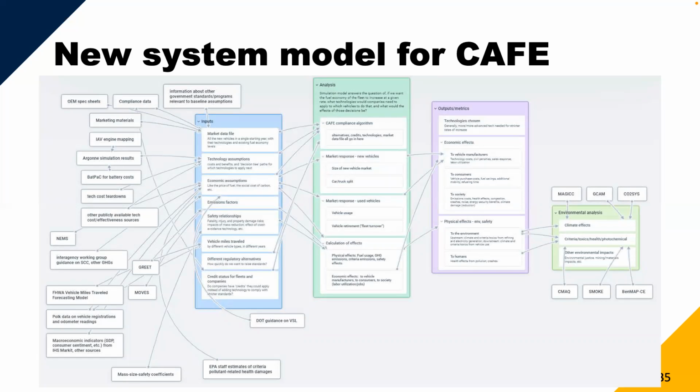And again, this is my attempt at highlighting the fact that a lot of this policymaking, regulatory rulemaking uses and really requires the need for modeling and systems modeling in order to properly get at the objectives that it's trying to get at.